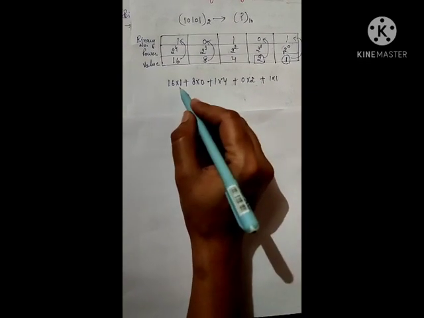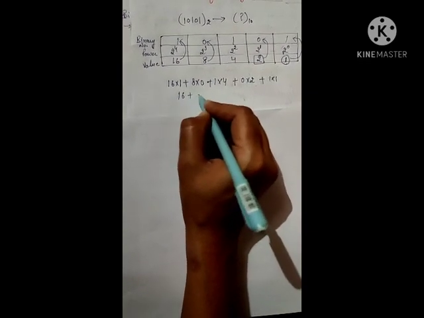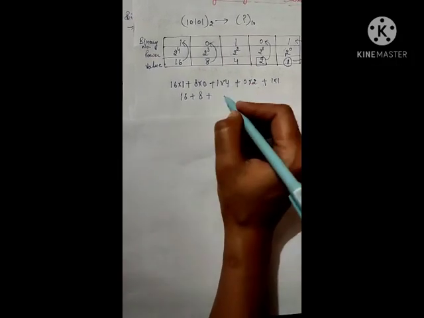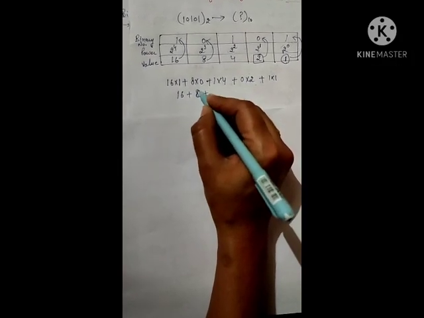So we multiplied each number, and after adding these numbers, sorry, it is 0.